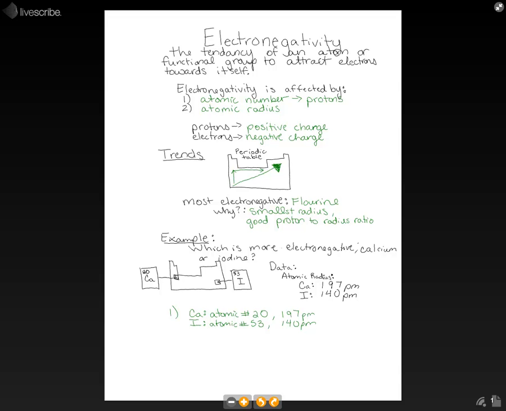So it has more protons, and they're closer to that valence electron orbital. So iodine's electronegativity is much greater than calcium's electronegativity.